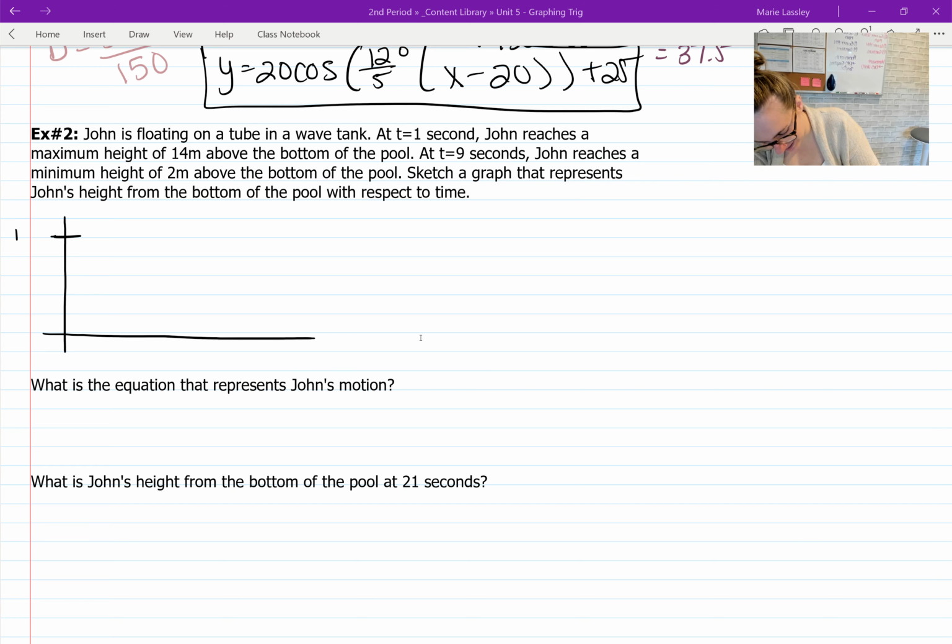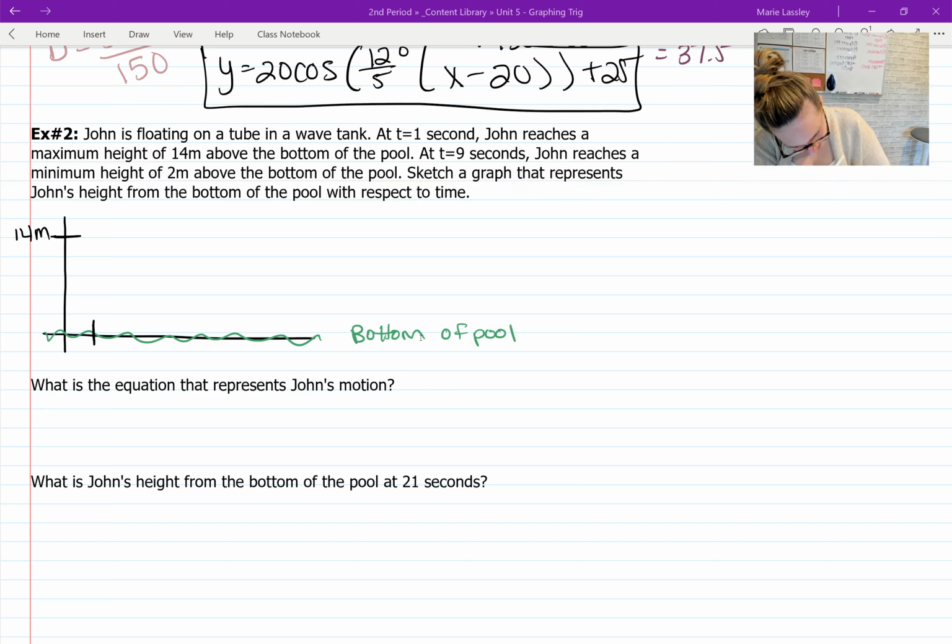So like here's the bottom of the pool. Bottom of pool. There we go. And he's like riding on the water, right? Okay. So then it says that he's at this maximum height at 1 second.